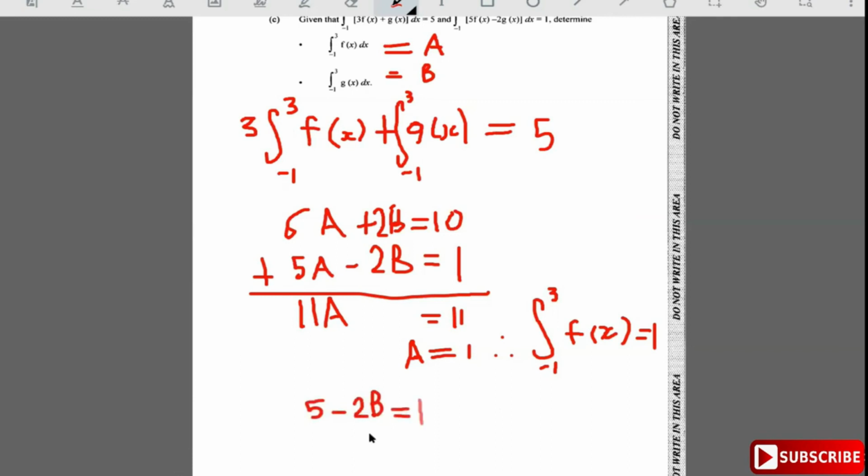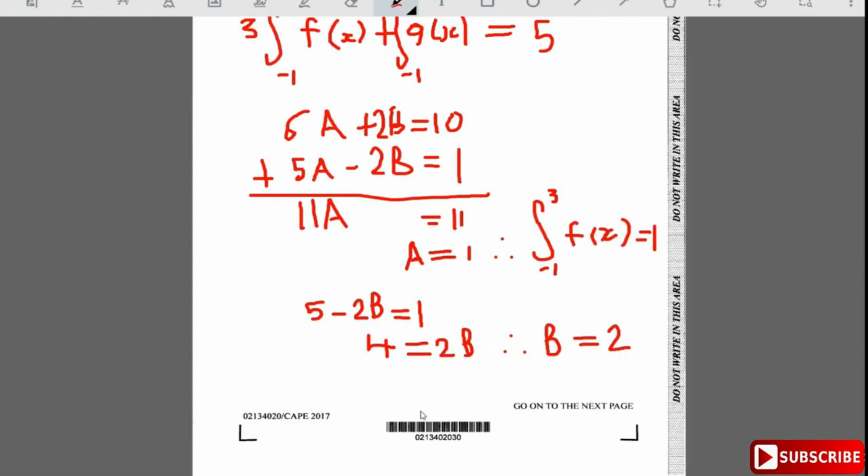So that means 4 is equal to 2b, and therefore b equals 2. And if b is equal to 2, then the integral of g of x from -1 to 3 is equal to 2.